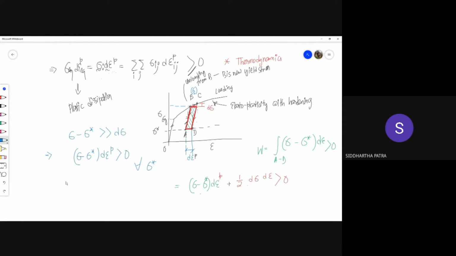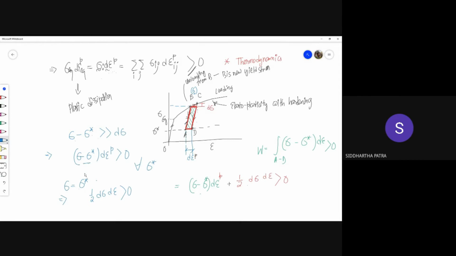Now on the other hand, if sigma were equal to sigma star, in that case you can neglect the first term and you can claim that d sigma d epsilon is greater than 0. You see, sigma star is arbitrary, so I can take it much different from sigma, or I can take it to be exactly equal to sigma.